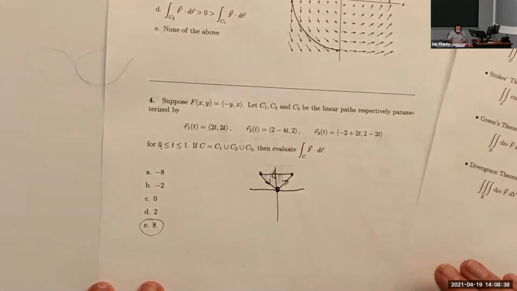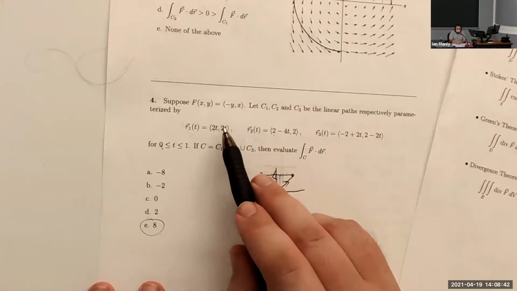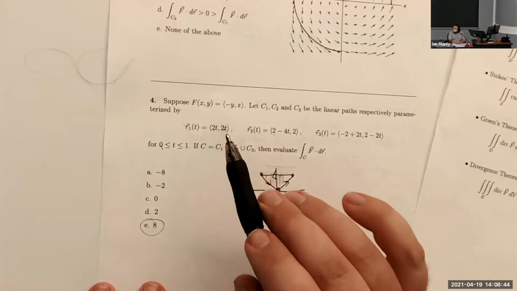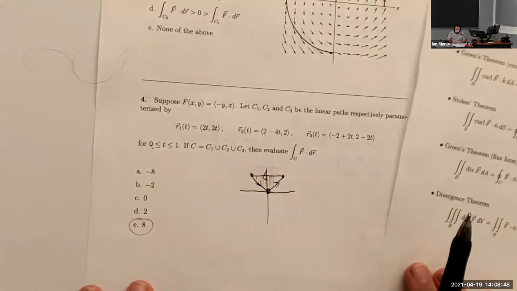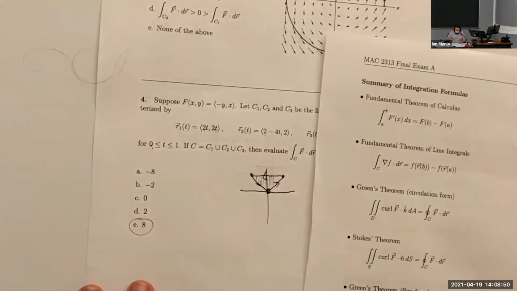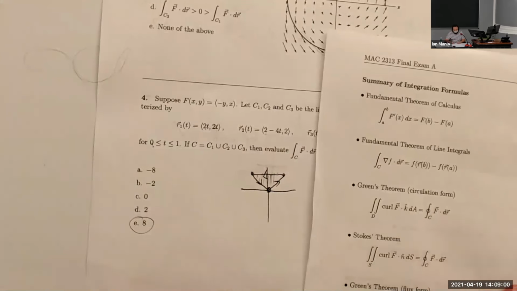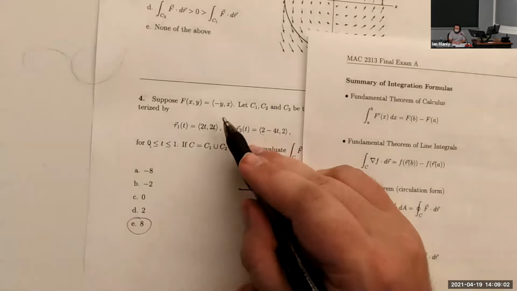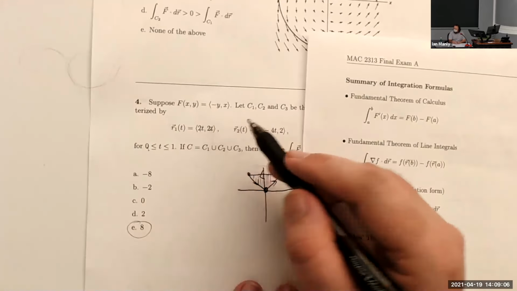So let's see here. While I could substitute these in and do 3 separate line integrals, like I said, I don't really want to do that. What I instead want to do, oh, I guess it's not on here. This is actually missing one from the one we had in class. I'm going to use the Green's theorem that's specific to 2 dimensions, because we only have a 2-dimensional vector field right here.